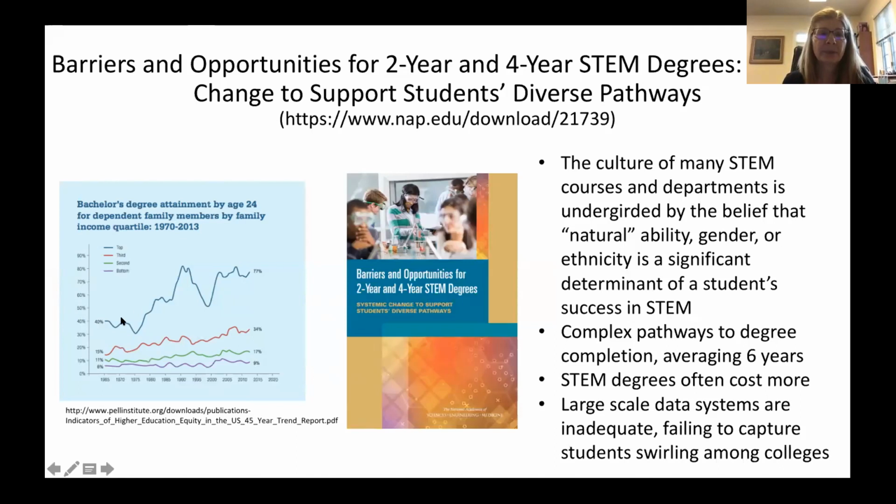So the top line here in blue, this is for the upper quartile of socioeconomic status, right? And we've pretty much doubled degree earning in a generation. We've gone from 40% to 77%. If we look down here at the purple line, these are students coming from the lowest quartile of socioeconomic status.